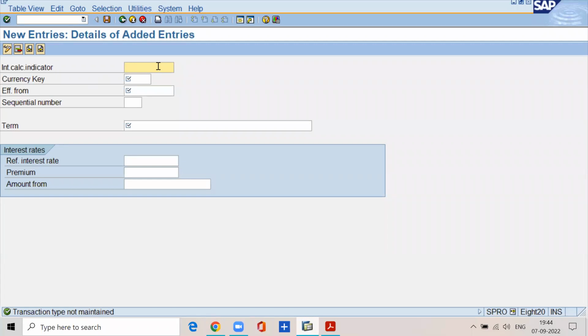Interest calculation indicator is equal to PD. Currency is equal to INR.